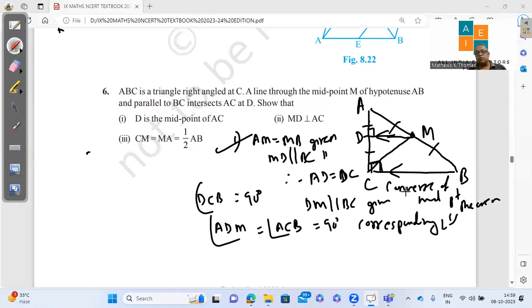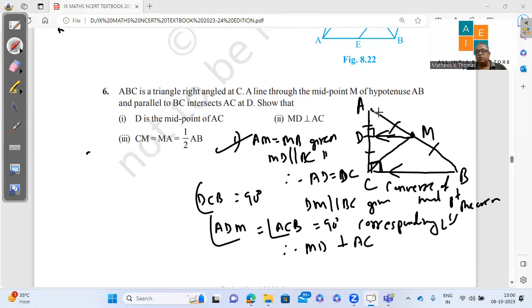When we have parallel lines, this is 90, this will also be 90 because they are corresponding. And if it is 90, we can say that MD is perpendicular to AC. So we've got the second part as well.